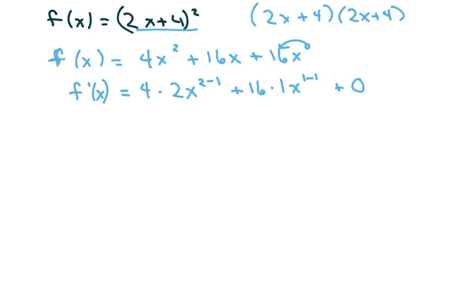So what you're going to get is 8x plus 16, because that's x to the 0. X to the 0 is just 1, so this would be your answer.